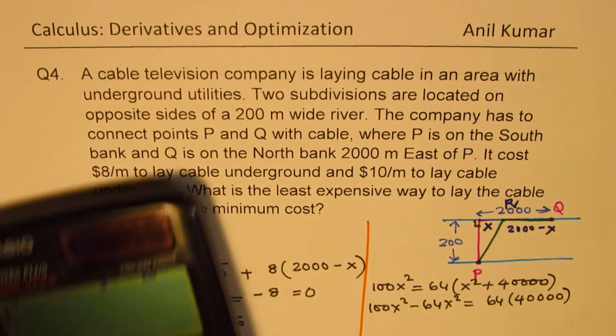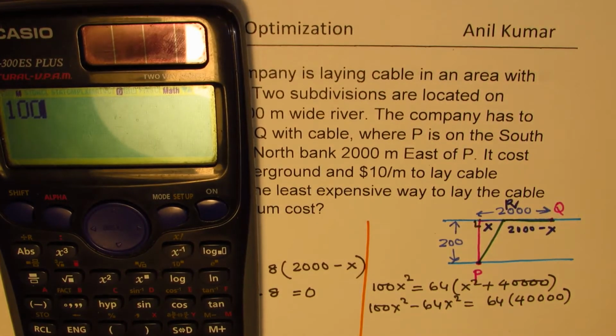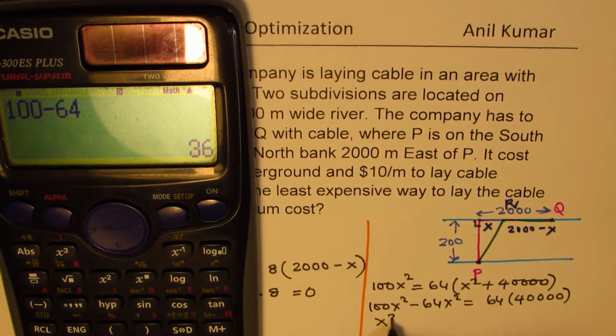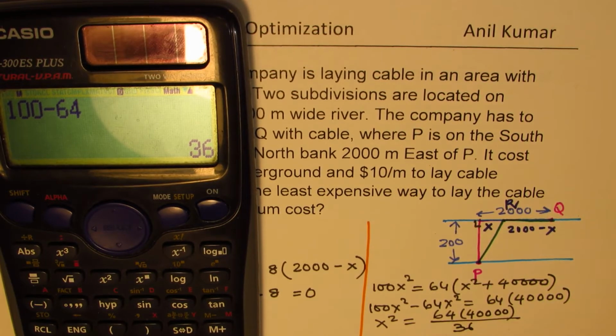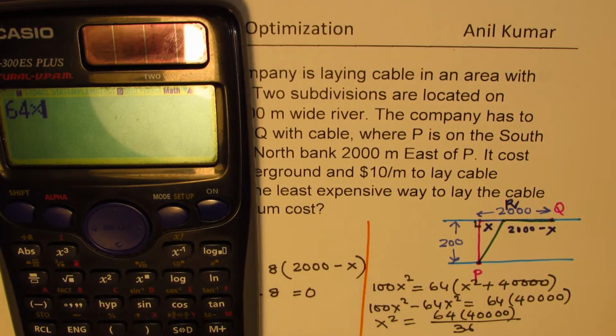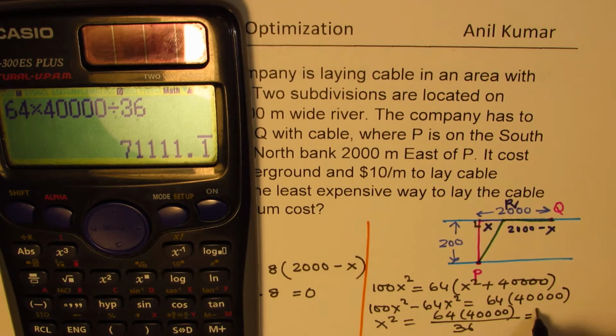So let's use a calculator and find the value of x. So we get 100 minus 64, which is 36. So we can say x squared is equal to 64 times 400 over 36. Correct? So we'll divide this by 36. So we have 64 times 400 divided by 36 equals, in decimals, 71111.1.